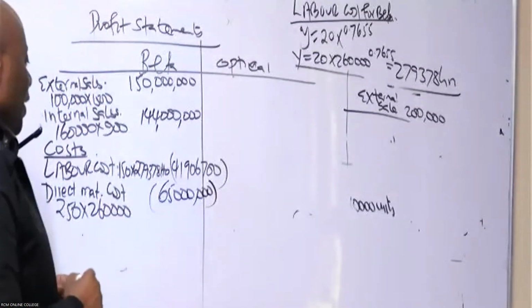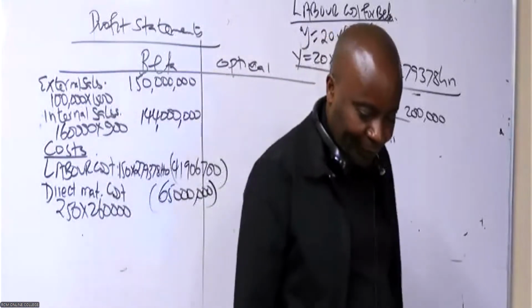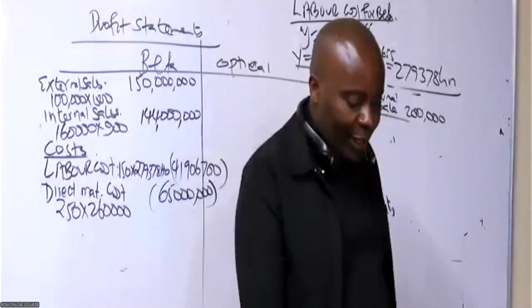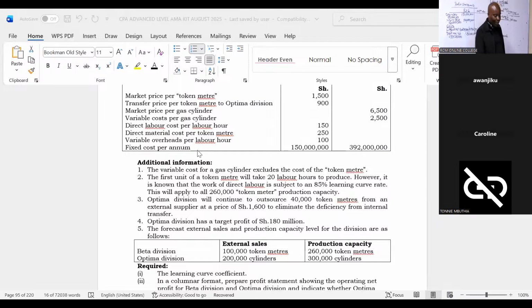So do we have any other item? Before fixed cost, we don't have any other item in between. We have variable overheads in between there. These variable overheads, I should take what times what? 100 times 260,000?